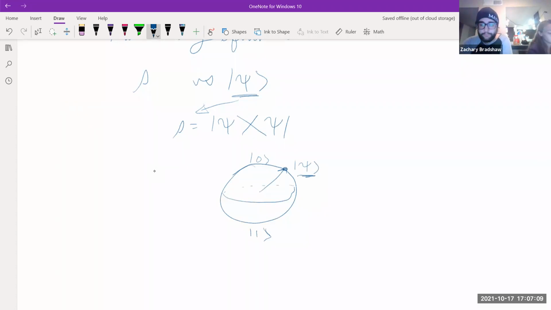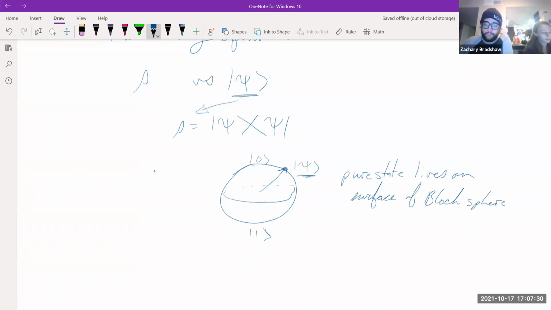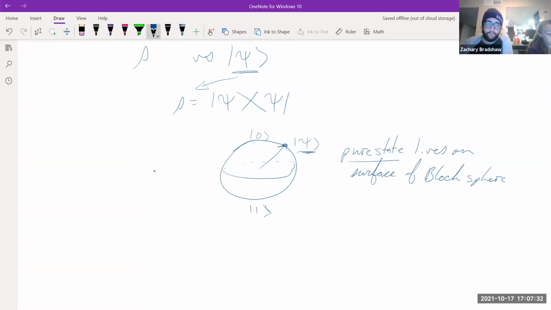We say that if it lives on the surface of the Bloch sphere, that's a pure state. And if you make it through some sort of mixture of an ensemble of pure states, then it's a mixed state.